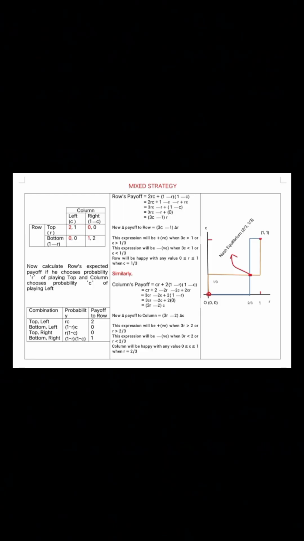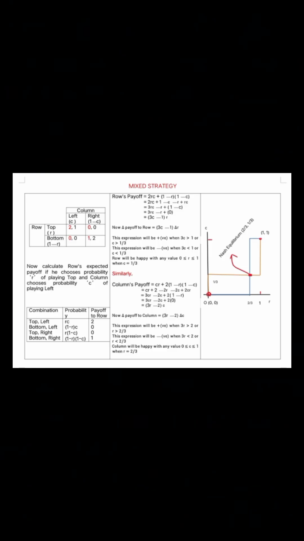If row and column follow the mixed strategy, then they play each of their choices half the time. Then they will have a probability of 1 by 4 of ending up in each of the 4 cells in the payoff matrix.